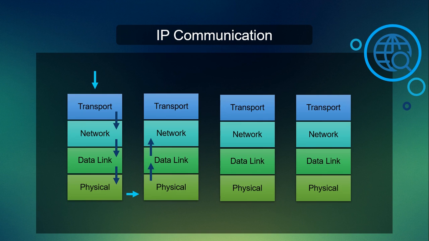Again, the packet is sent to data link layer and physical layer. Physical layer sends the packet to the next hop. This process continues until the packet reaches its destination.